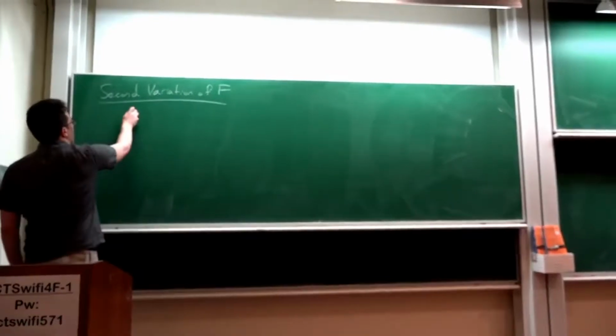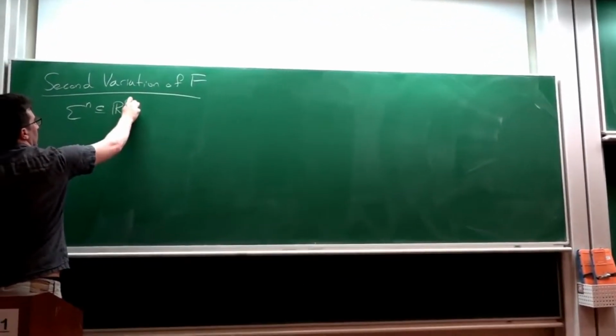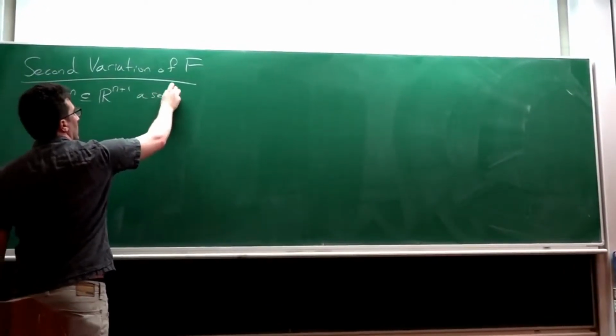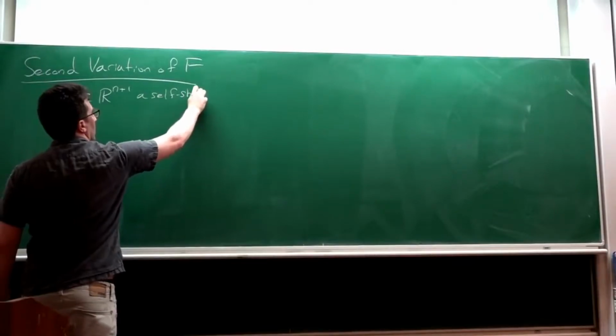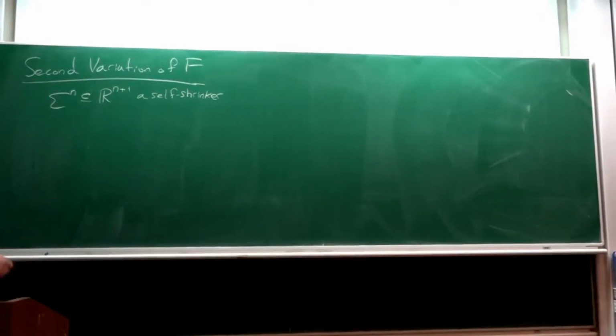Again, the setup is we fix a self-shrinker. So this is, of course, a critical point of F. So we can look at the second variation of the F functional.